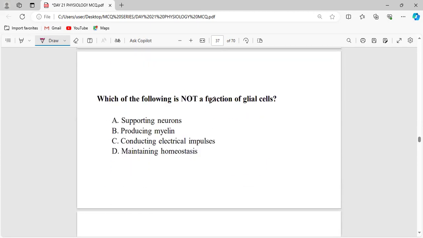Which of the following is not a function of glial cells? Supporting neurons, producing myelin, conducting electrical impulses, maintaining homeostasis.